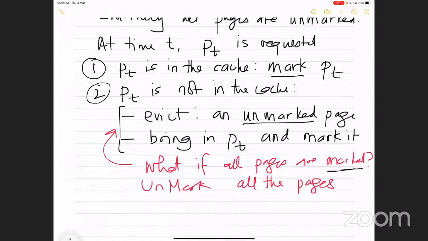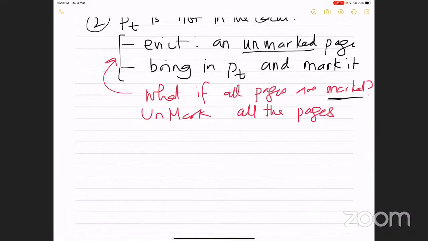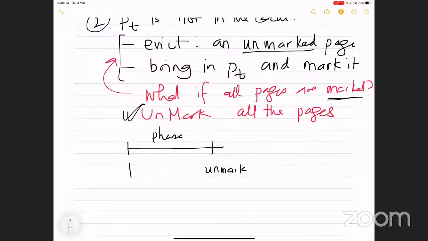Let me try to analyze this quickly. The way to think about it is you break down the input into times at which you execute this unmarking operation. Let's call this a phase. Each time you unmark all the pages, let's call this the beginning of a new phase. A phase happens when initially you start at time t equals 0, and the phase will end when all the pages have been marked and a new page is requested which is not in the cache, in which case you will again start with all pages being unmarked.